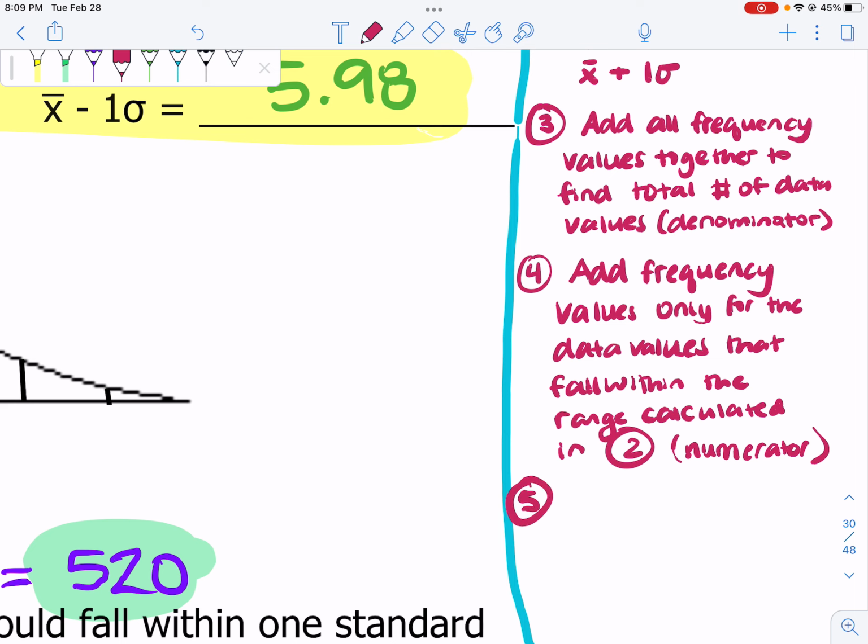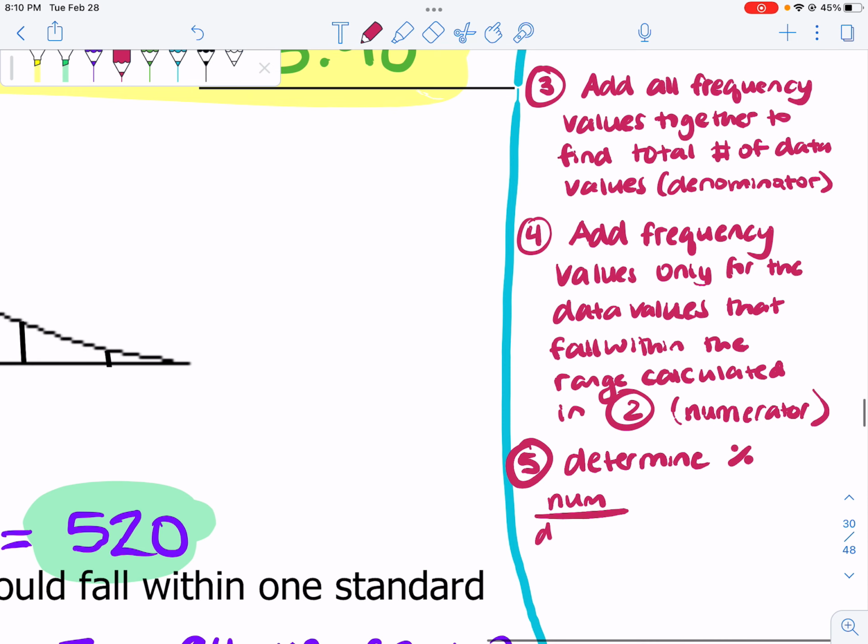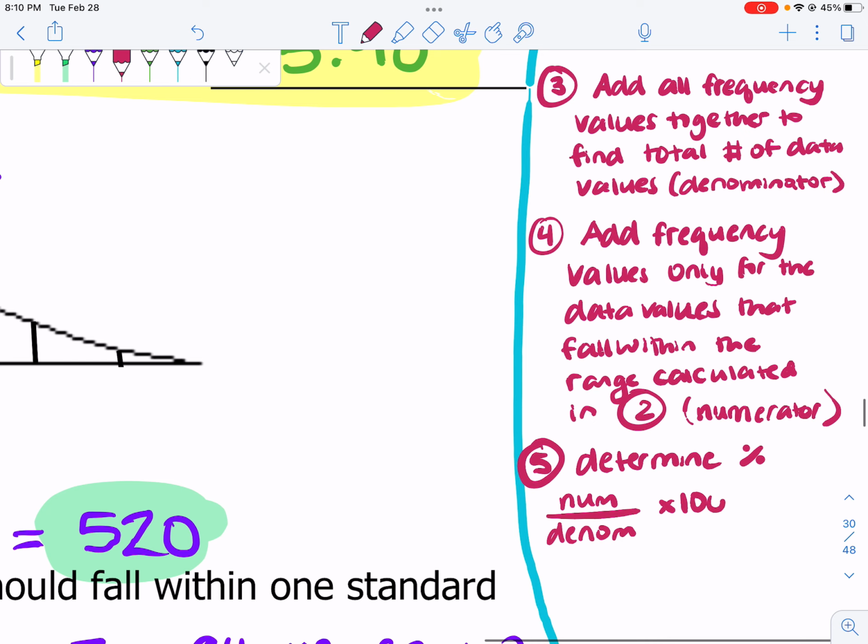Step 5, once we found the numerator and the denominator, we're going to determine the percentage. And that's just taking my numerator, dividing it by my denominator, and multiplying it by 100%.